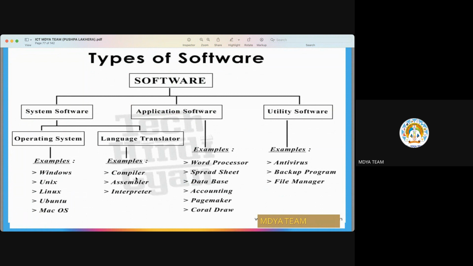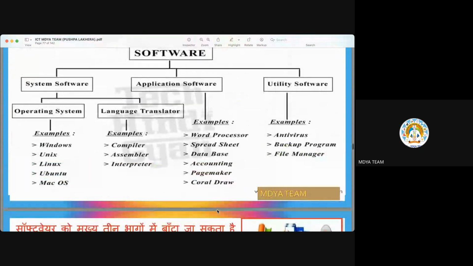Basically, you should remember what system software is, what application software is, what utility software is, and which type of programs come under which heading. Like operating systems, what are the operating systems; language translators, what are the language translators; and application software, just name them. And what comes under utility software.